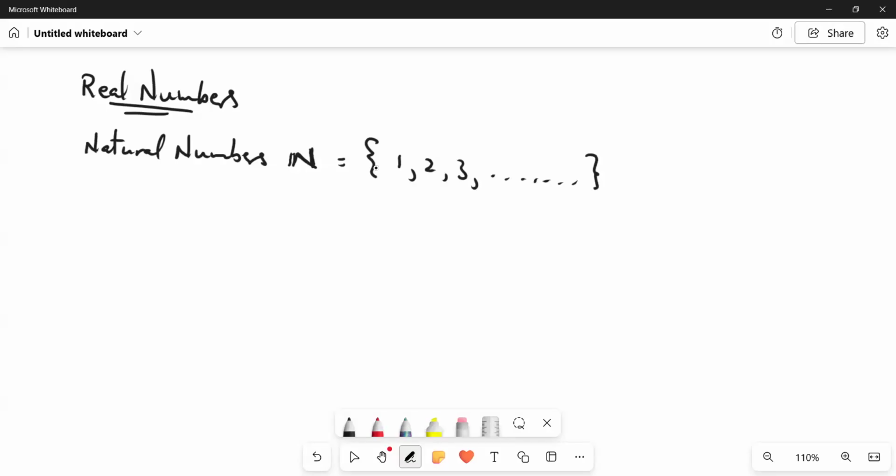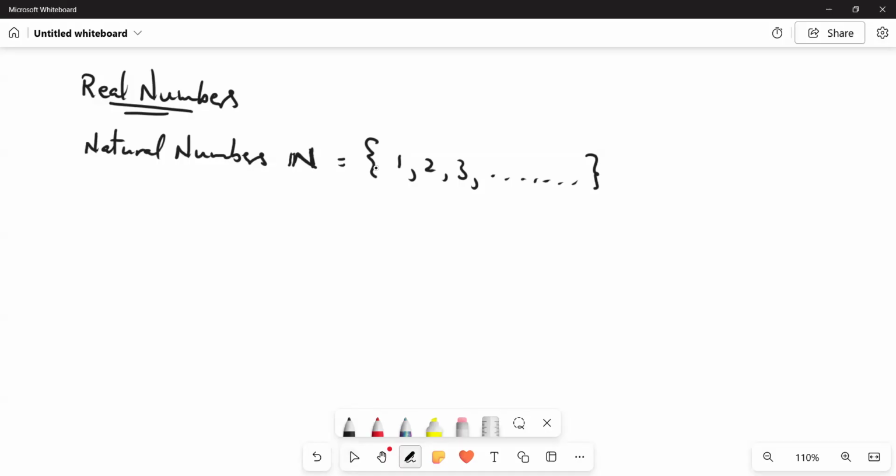Those are the natural numbers. The name kind of fits, in that natural numbers are how you normally count, how you naturally count. You don't start from zero. You usually count 1, 2, 3, naturally. That's how we count.